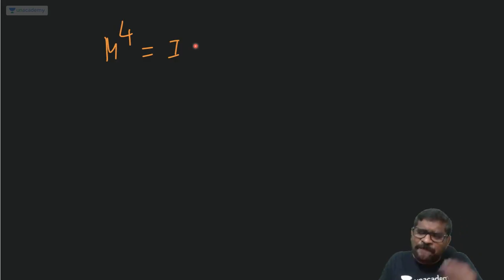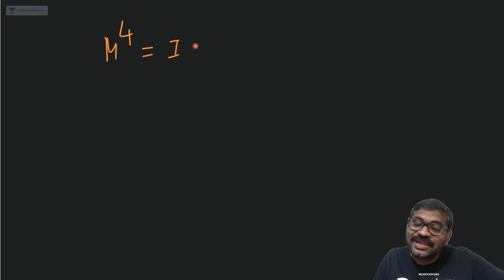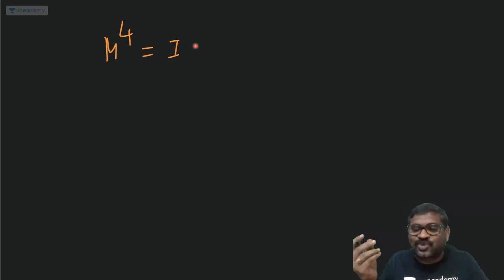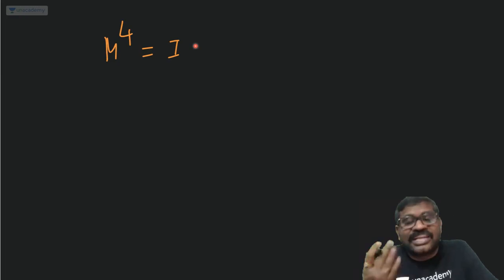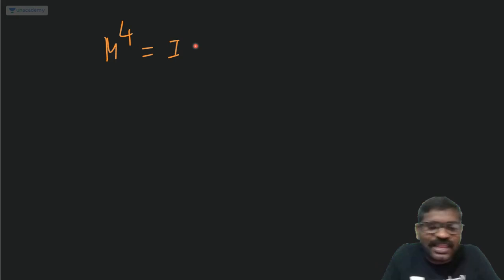If M power 4 is I, can you tell me M power 8? I only, because M power 4 whole square, M power 8 equal to I square. I square is always I, because identity matrix, whenever you multiply 100 times, you will get identity matrix only. So M power 4 is I, M power 8 is I, M power 12 is I, M power 4k.